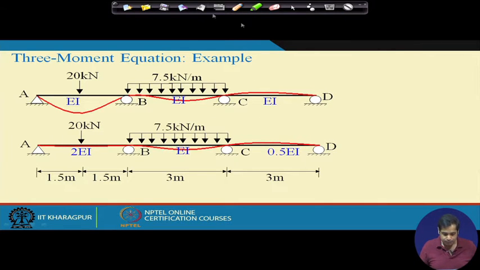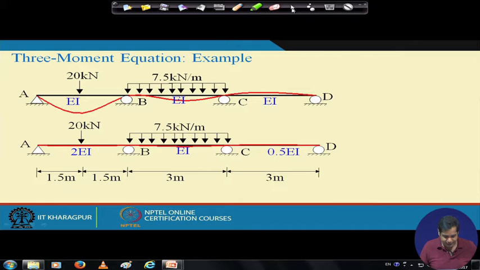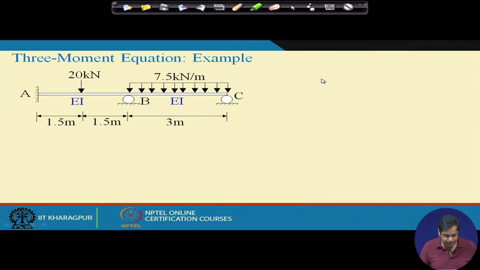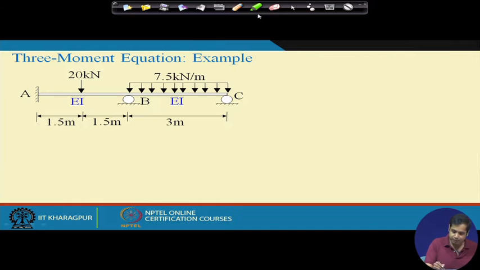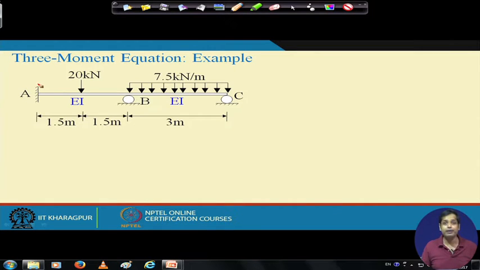Okay. Now, take another example. This is again almost a similar example, but what we did is we removed the span AB and provided one fixed support here, at A. Okay.